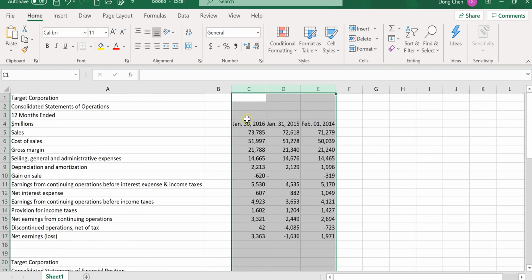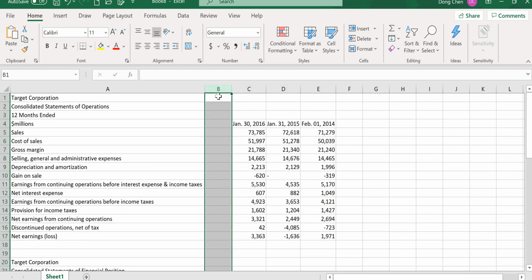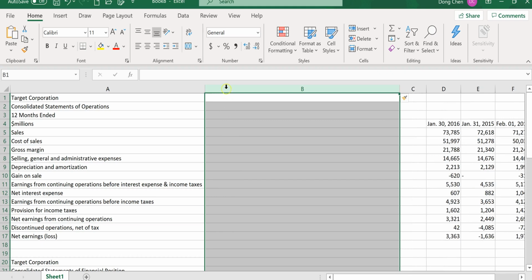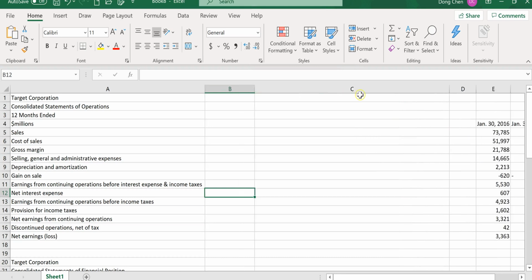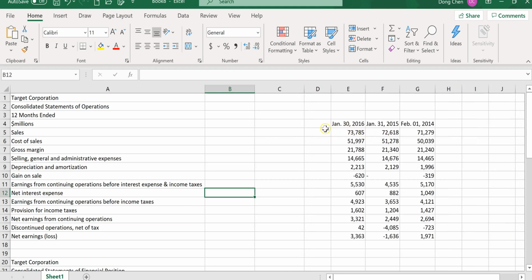If we want, we can actually insert one more column here, because if you notice, the more recent year actually is on the left.